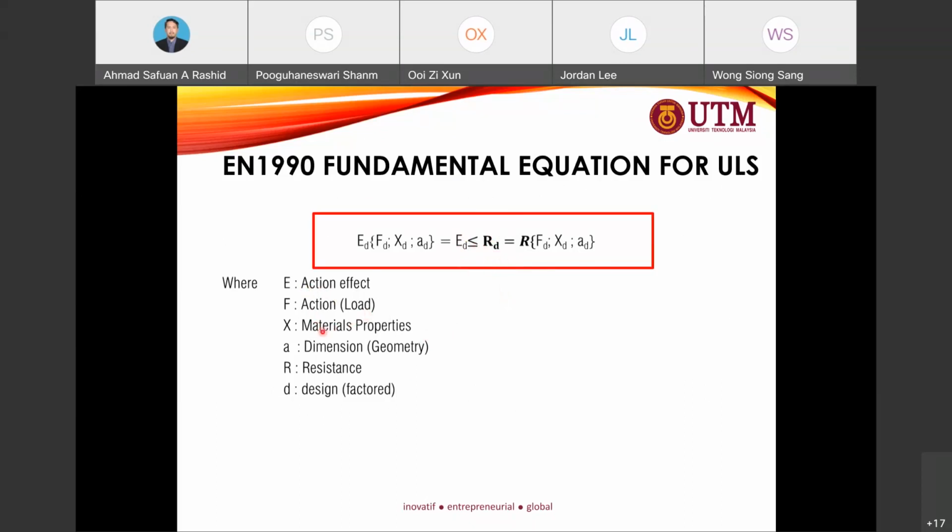In here we have an action, which is described as a load. Then we have material properties, and then we also have dimension or geometry. So γ is the factor that we may apply on each parameter.